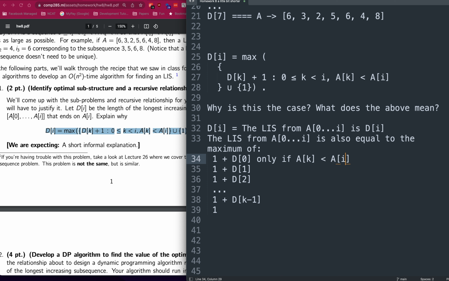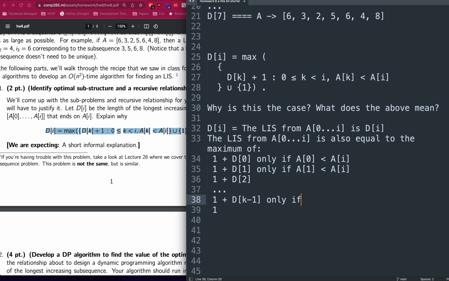is less than ai. So what this means is we take 1 plus d0 only if a0 is less than ai, okay? And then similarly here, only if a1 is less than ai do we take this value, right?